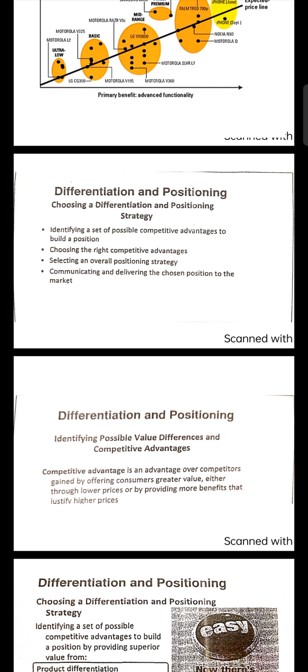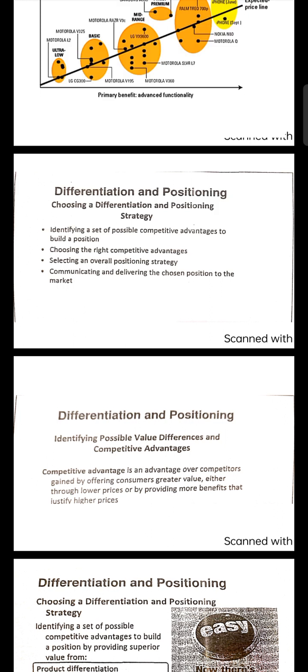And the next one, differentiation and positioning. Okay, choosing a differentiation and positioning strategy can identify a set of possible competitive advantages to build a position. Okay, competitive advantages. So what is competitive advantages? Competitive advantages, in layman's terms for your understanding, is what are the things that you do better than your competitors.